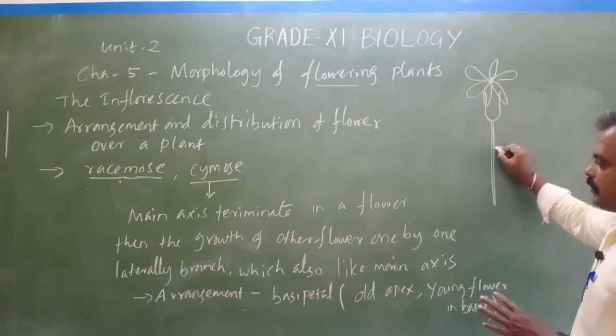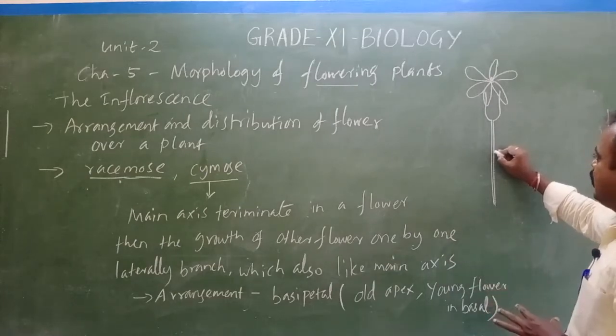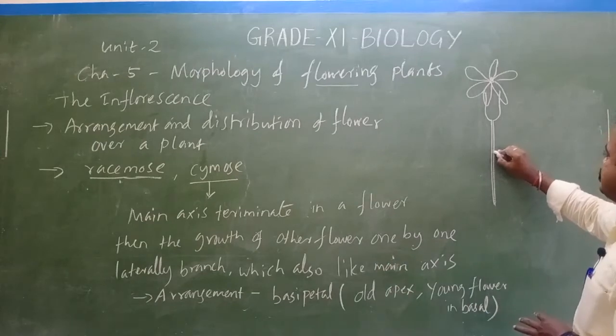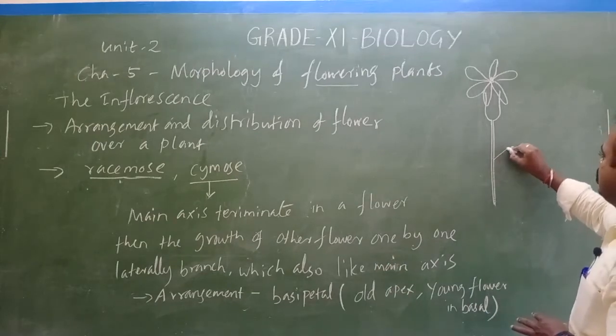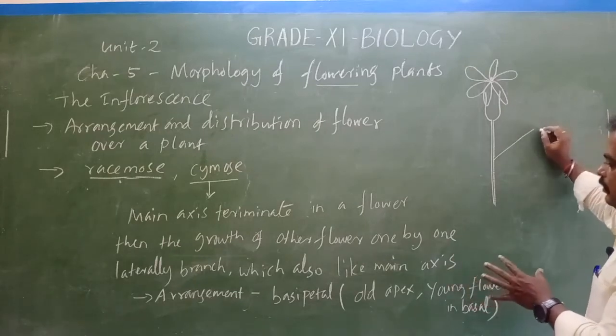Then the growth of other flowers one by one laterally, like the main axis. This is the lateral branch.